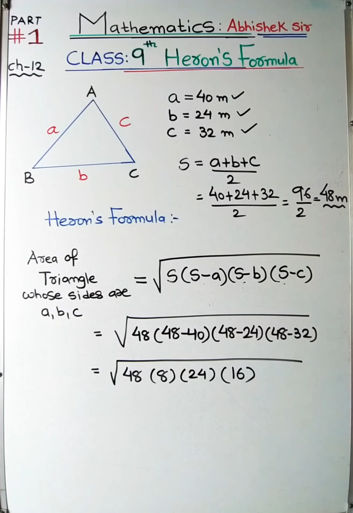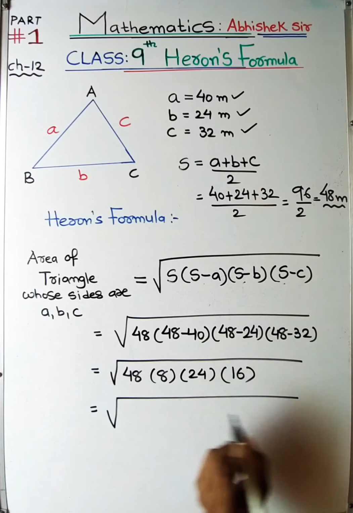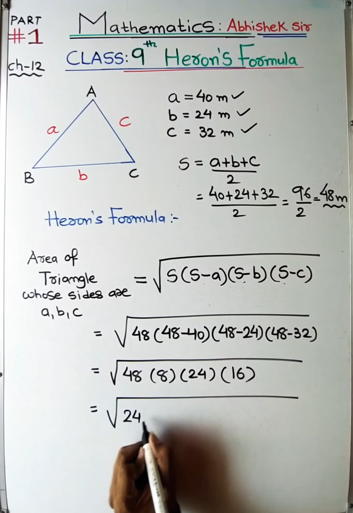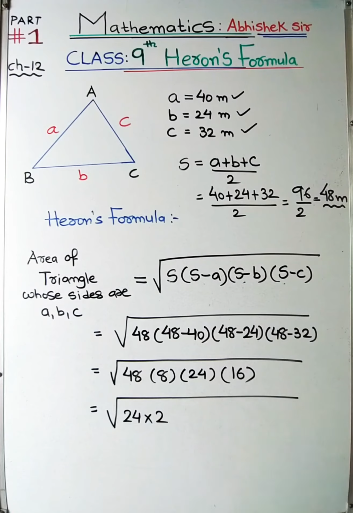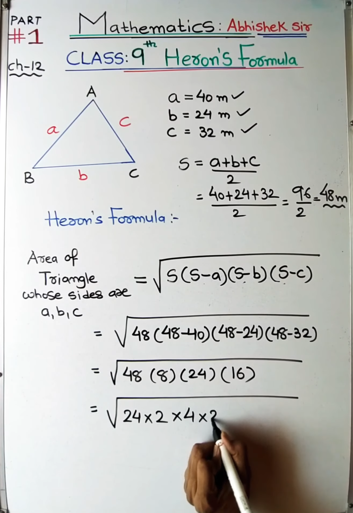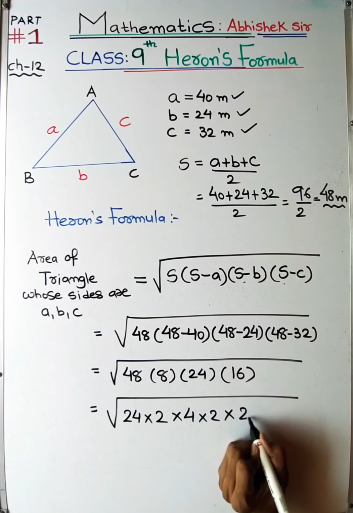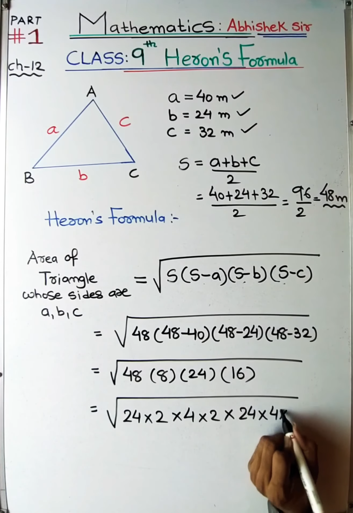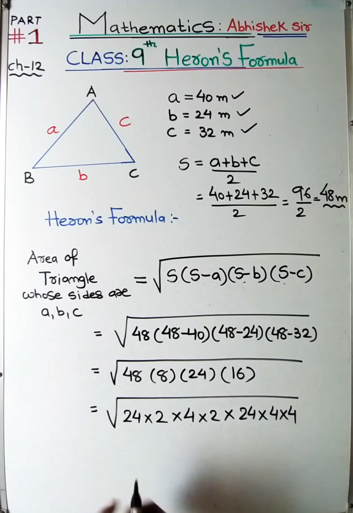Clear? Split into those numbers which are already there. For example, 48 I can split into 24 into 2. Now 8 I can split into 4 into 2. 24, let it be 16, 4 into 4. Now we have to find pairs, and then take them out of the root.